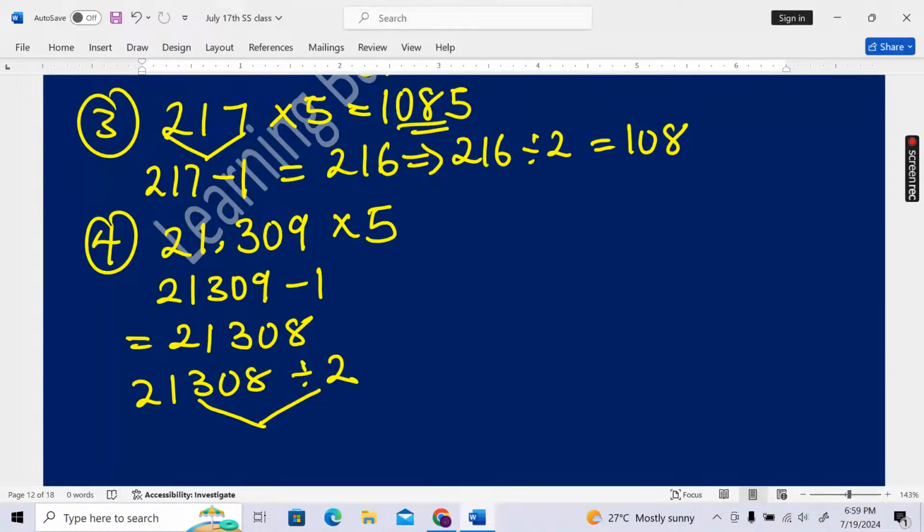2 goes into 21, that's 10, remainder 1. 2 goes into 13, you'll be having 6, remainder 1. 2 goes into 10, that's 5. And 2 goes into 8, that's 4. So 21,308 divided by 2 is 10,654. So you're going to write the final answer and introduce a 5.